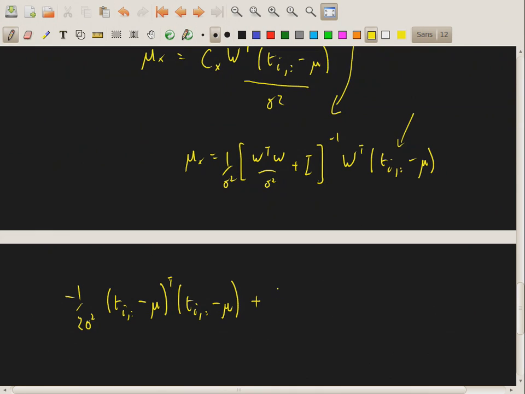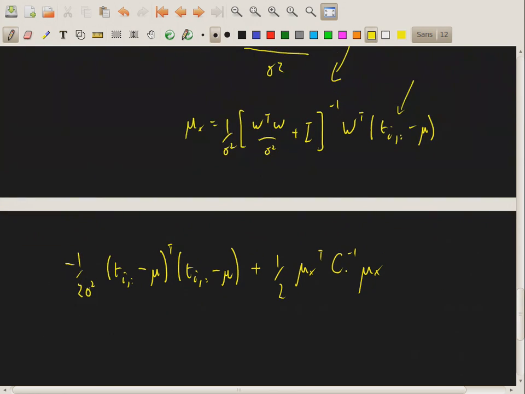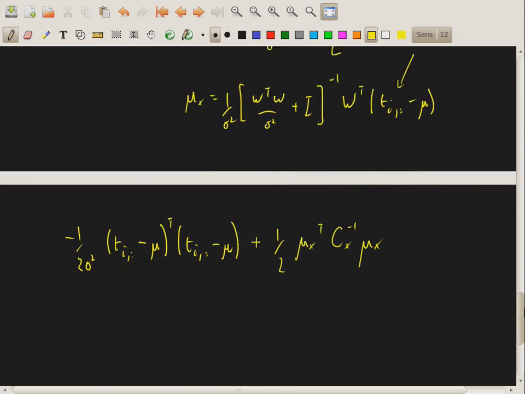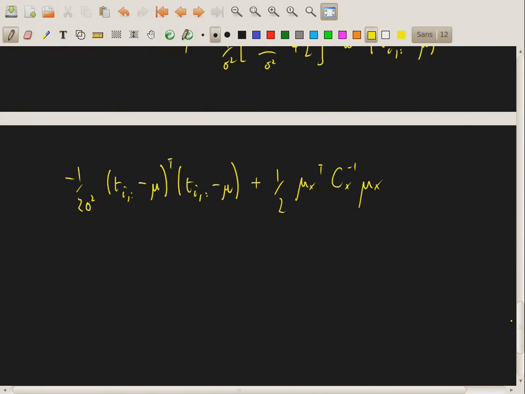So we now also have to deal with this term, which is arising because of extracting the posterior. But it's not dependent on X, because this is the posterior over X, so neither the mean nor the covariance of that posterior are going to depend on X. Sorry, that's Cx. Okay, so let's write that out in full.